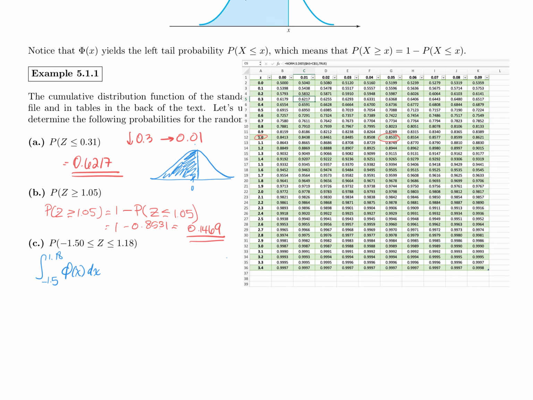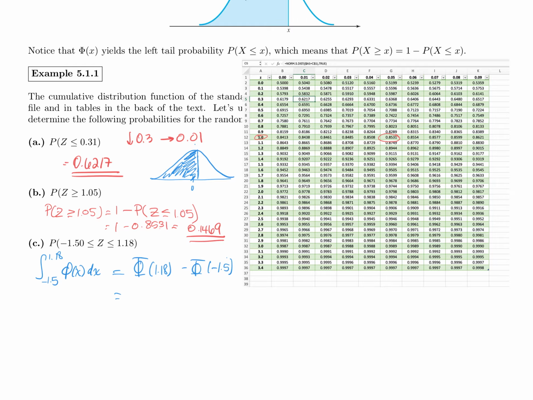So if we were to do that, we would find capital phi of 1.18 minus capital phi of negative 1.5. So we'd have big phi of 1.18 minus big phi of negative 1.5.